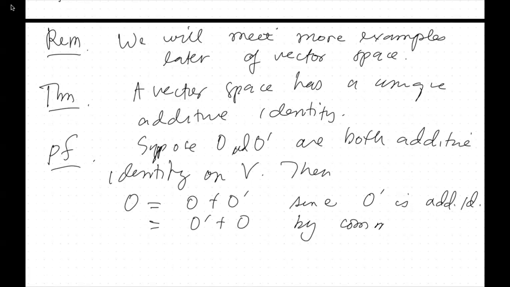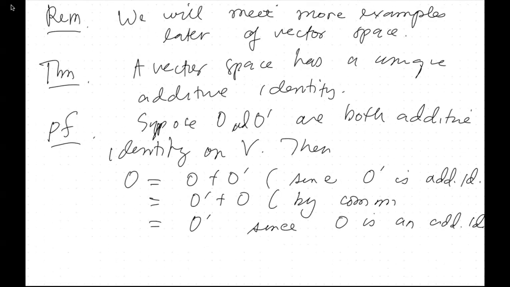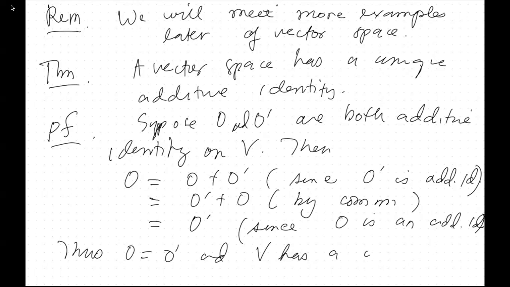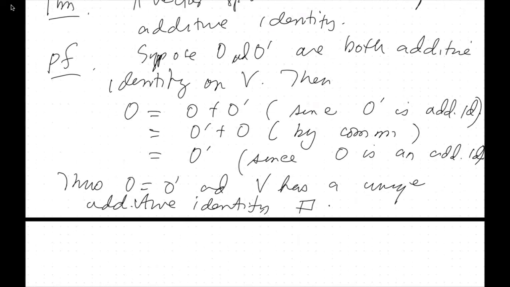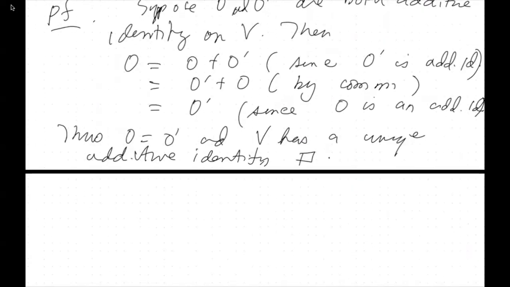It is equal to 0 bar, since 0 is an additive identity. Thus V has a unique additive identity. All right. Okay. Any question on this proof? I think it's clear.